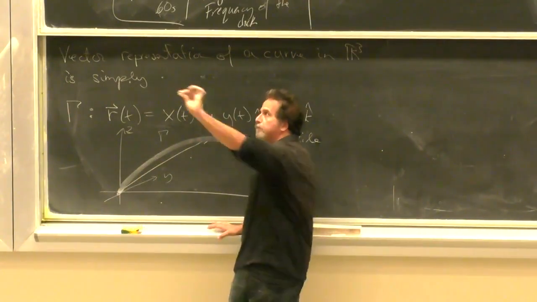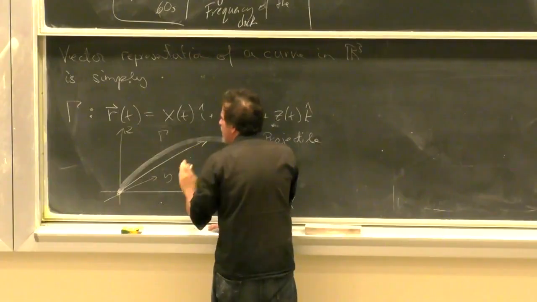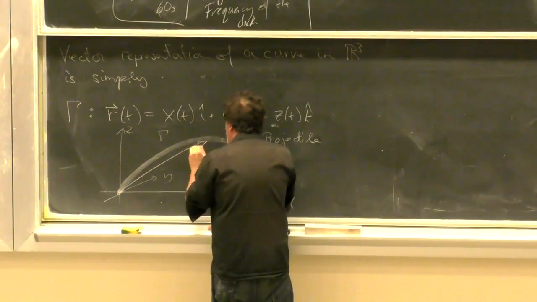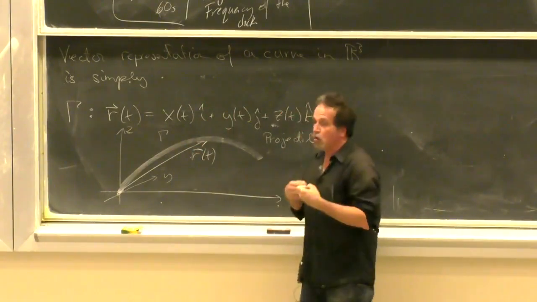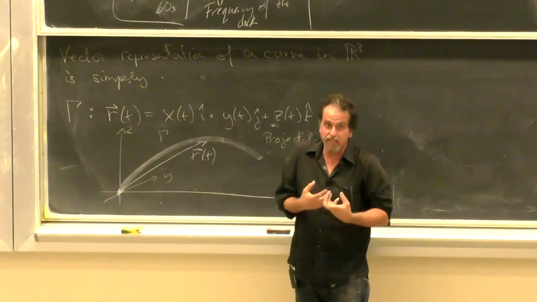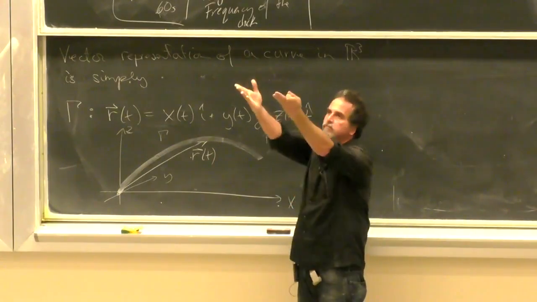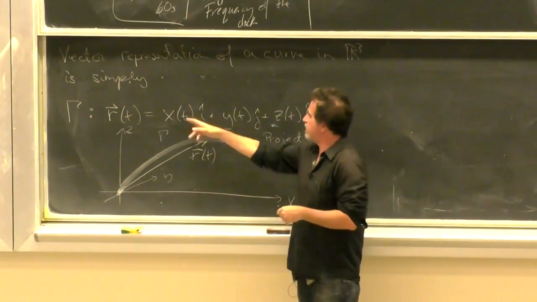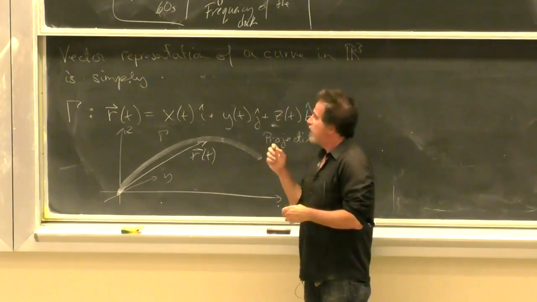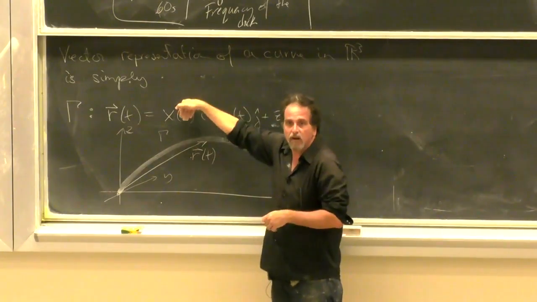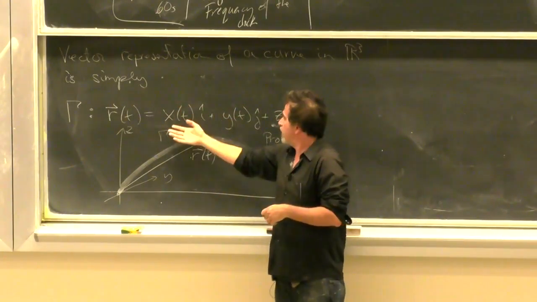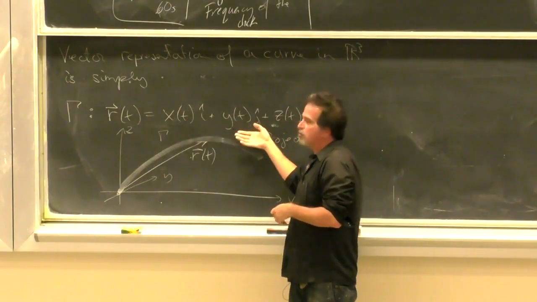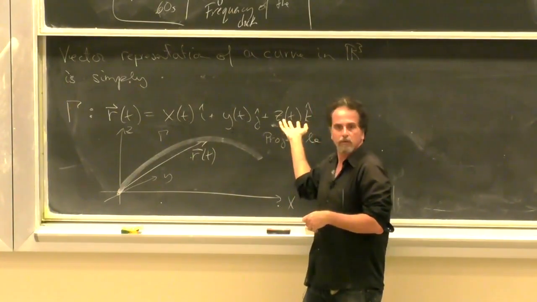This vector is the position vector r of t, which says your location after 5 seconds after throwing that ball is there, wherever it is. It has some x value, some y value, some z value. So you substitute 5 seconds in there, and you get a number: 3 meters over, 2 meters across, a meter up.